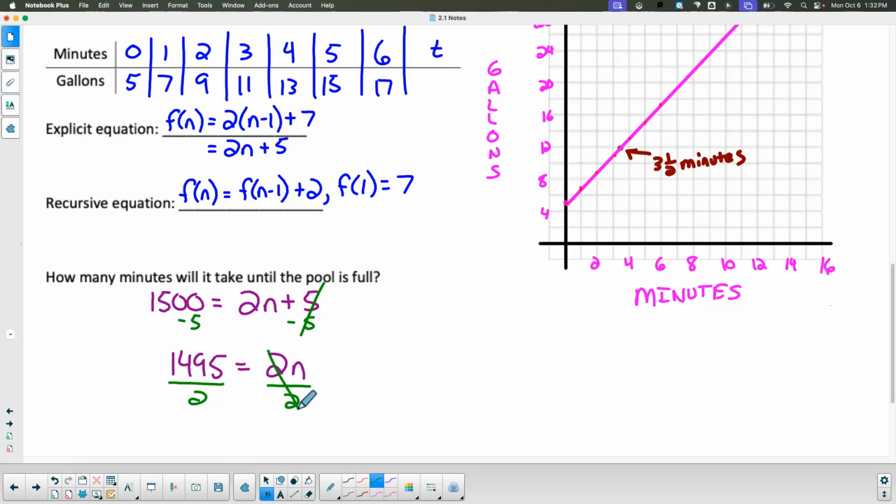That gives me 747.5, which is a long time, right? So then divide that by 60 once. So 12.4 hours. Okay?